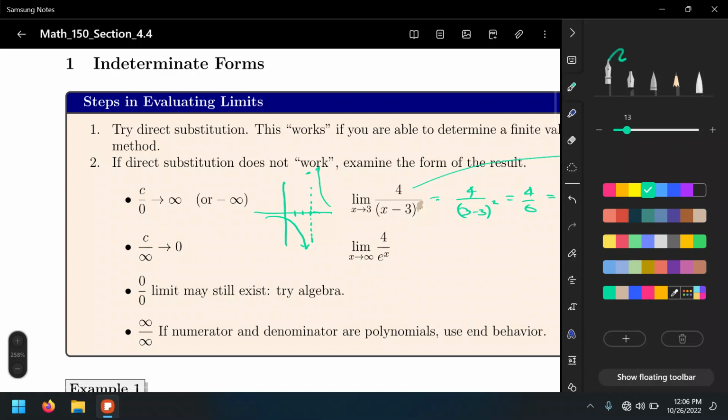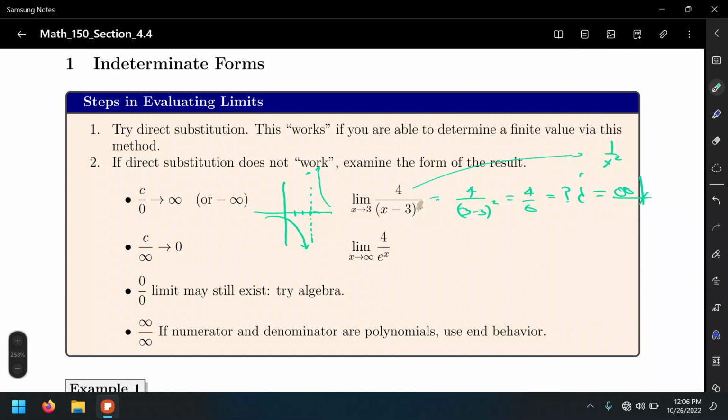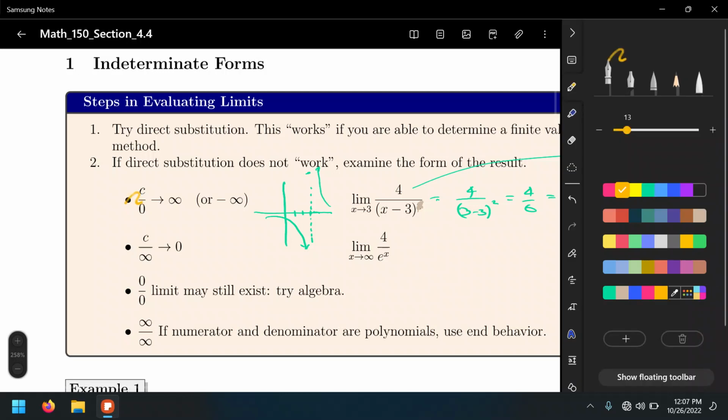So both limits disagree. And in that situation, the limit does not exist, limit DNE, all right? That's something we did a month after the beginning of the semester. So that's one case. A number over 0. Yes, we need to look at the graph, preferably. So that's the first case.